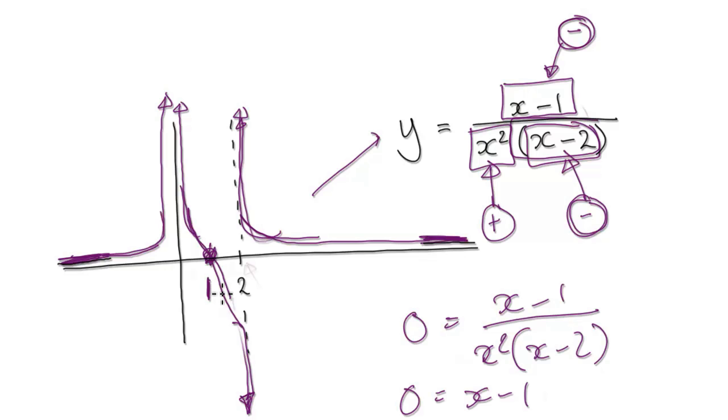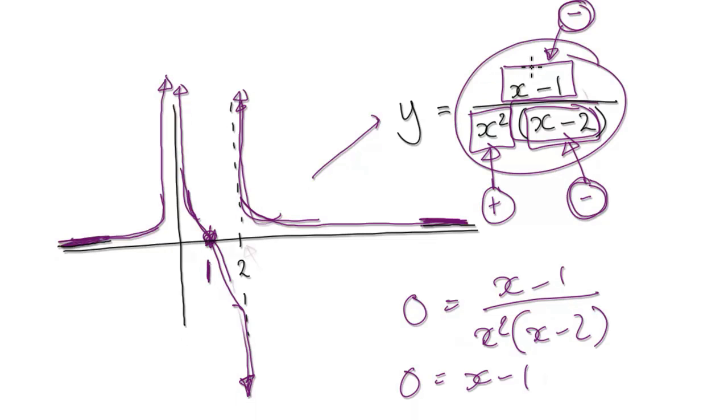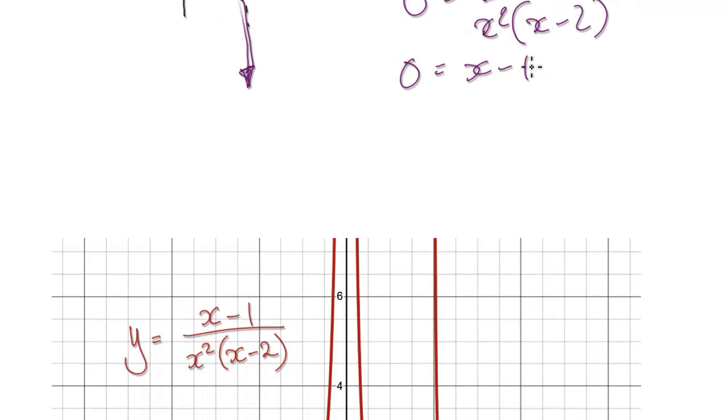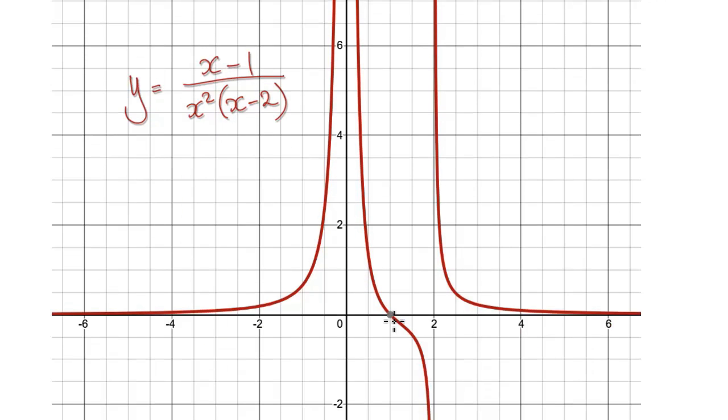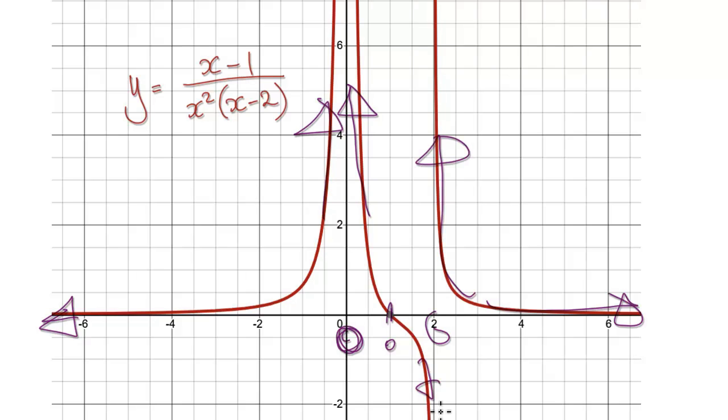If you plot this into decimals, it will give you this graph, and you can see that this is 1, and then it heads towards 0. At 0 here, they're both going to shoot up, and at 2, one shoots up, one shoots down.